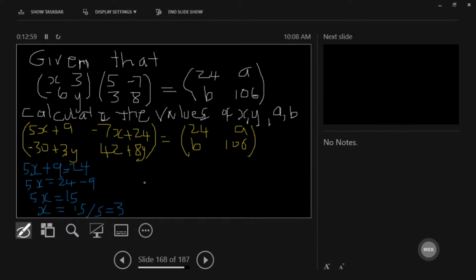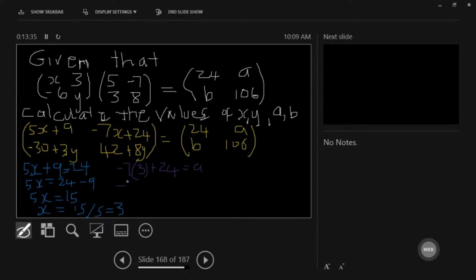All right, so now let's see which other variable. If we know that x is 3, we can plug x here and make this equal to a, because this is in the same corner as a. So now that we know x is 3, using this expression, negative 7 times 3 plus 24 is equal to a.